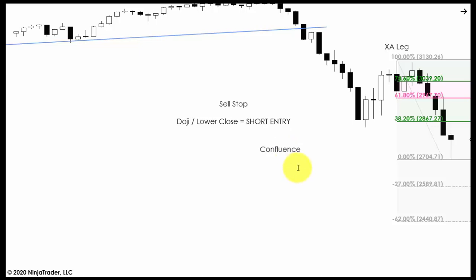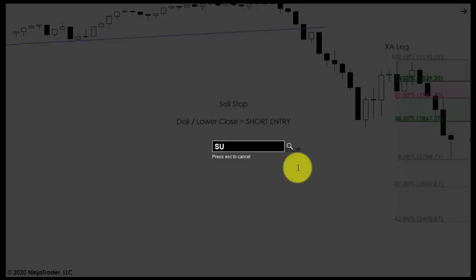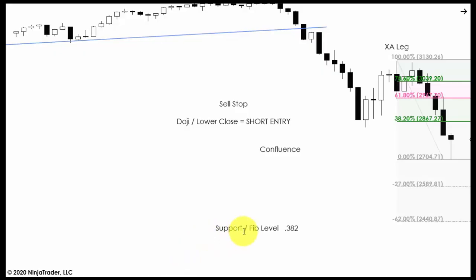And the confluence is support, all right, that's a level where support meets the 382. So a previous area of structure support, once broken, anticipated resistance, one of the base tenets of everything that we teach. That's in your core course, and the 382 Fibonacci retracement.